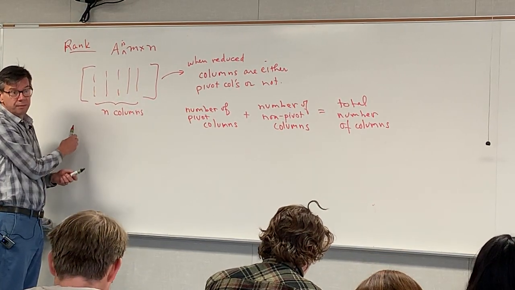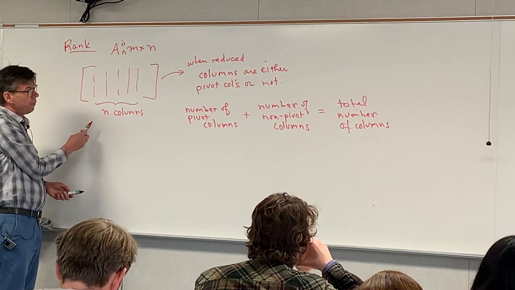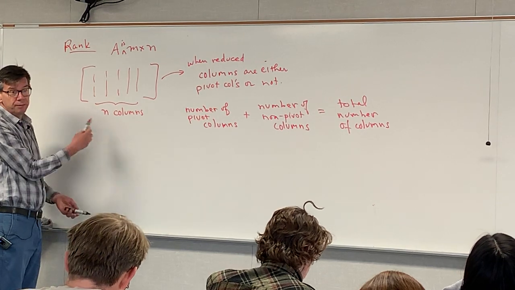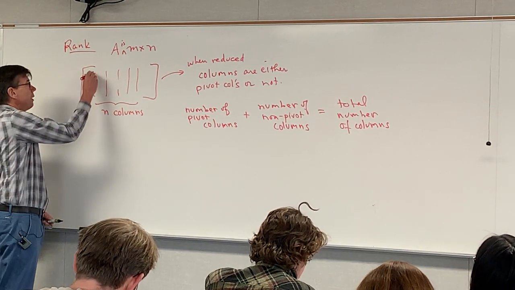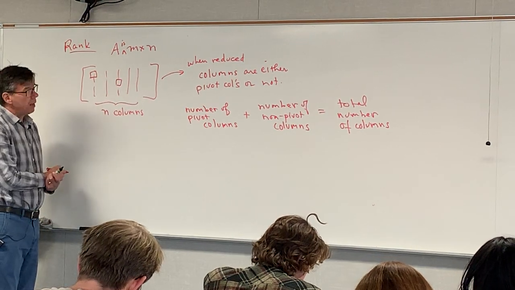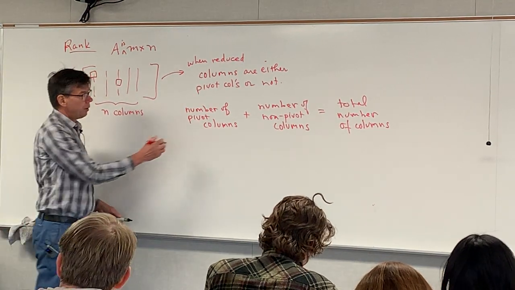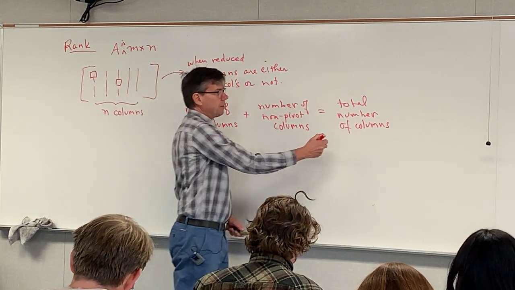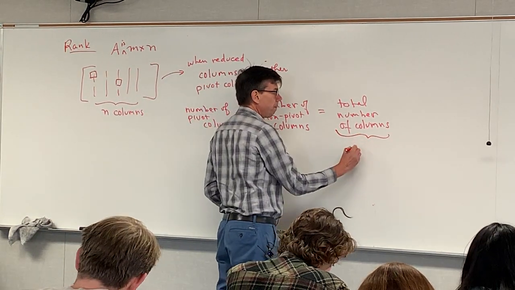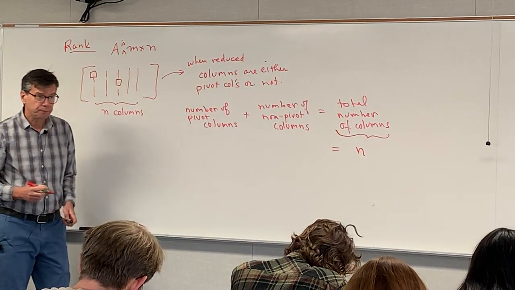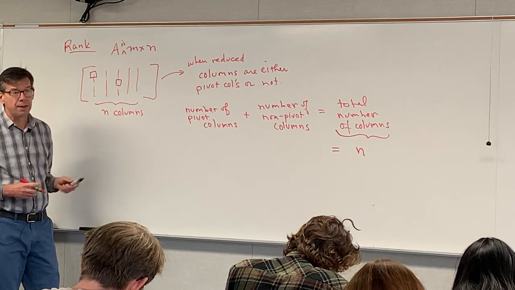Just focus on the columns for a moment. When you reduce that matrix, the columns are either going to be pivot columns or not pivot columns, right? Some will have pivots, some won't. And the number of pivot columns plus the number of non-pivot columns is the total number of columns, and that's n, if it's m by n.